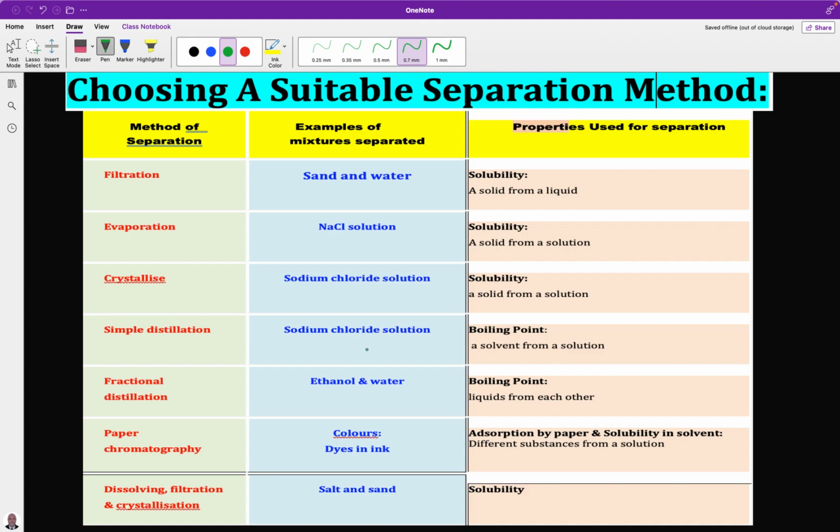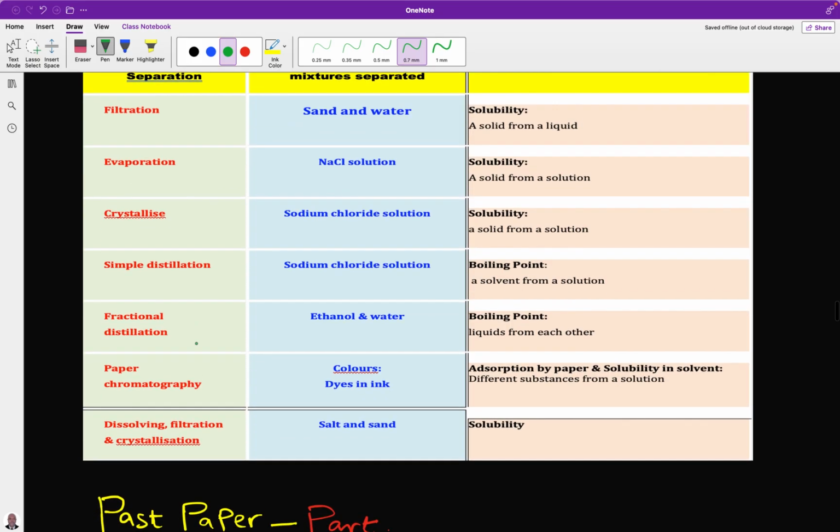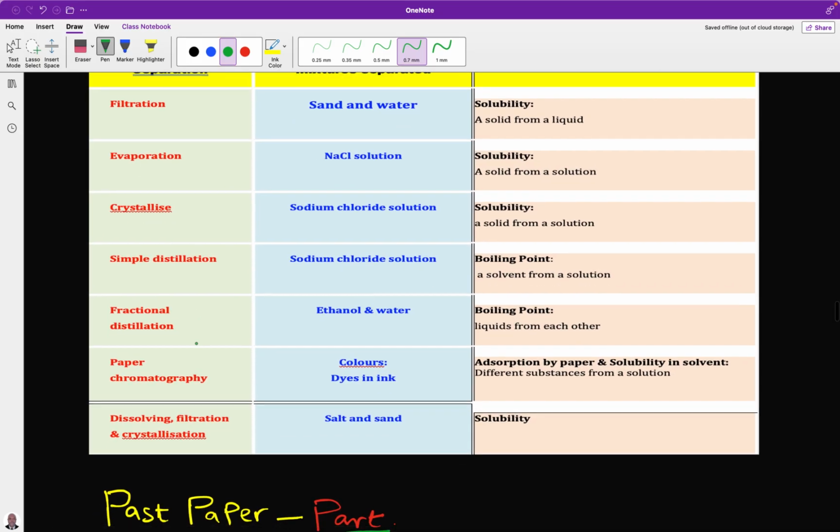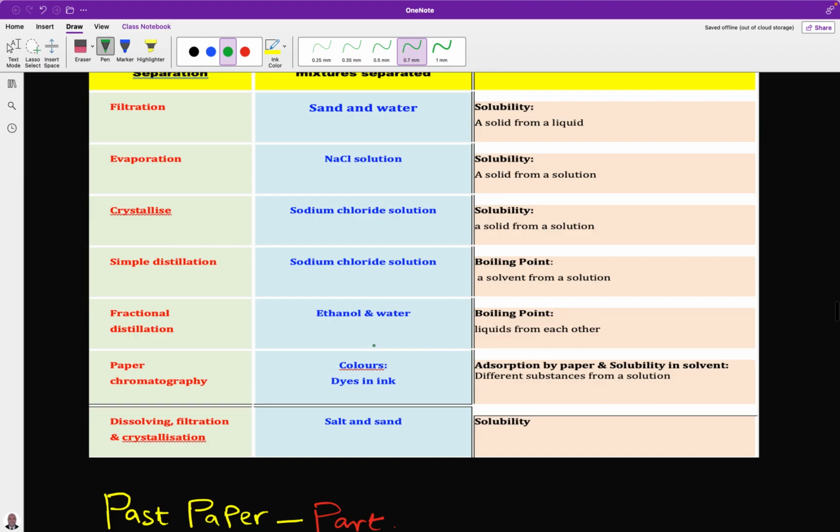Using a sodium chloride solution, boiling point could still be used, and that is simple distillation, which we mentioned the other time. Ethanol and water, we will use boiling point.